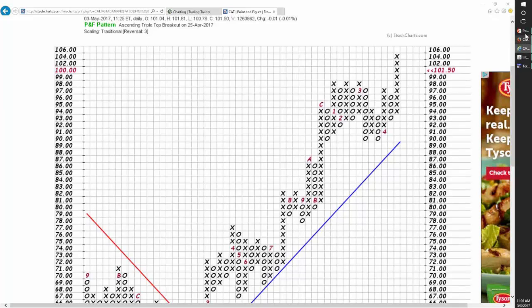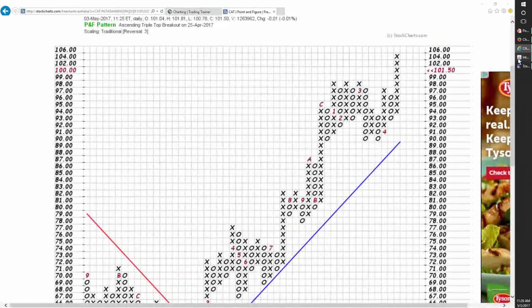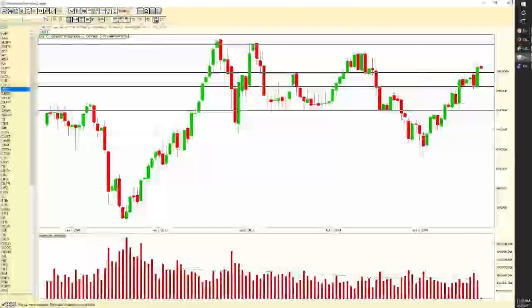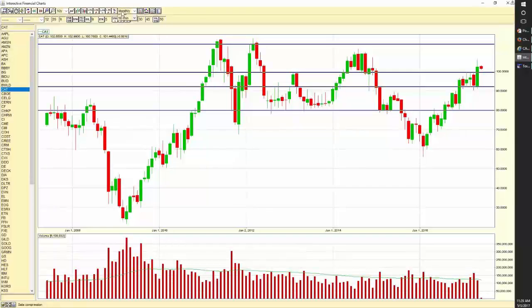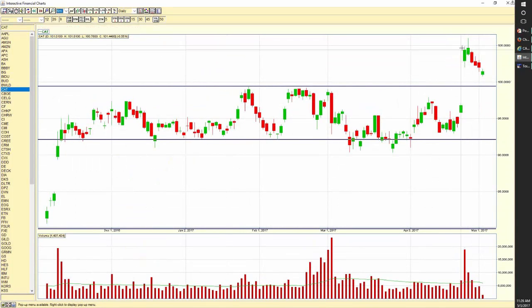Now the difference between point and figure charts and a price and volume chart is this. Let's move back to the price and volume chart for a second. On a price and volume chart, every time we get a new candle, in this case a new month, but let's go back to our daily, each bar is a new day of price action.